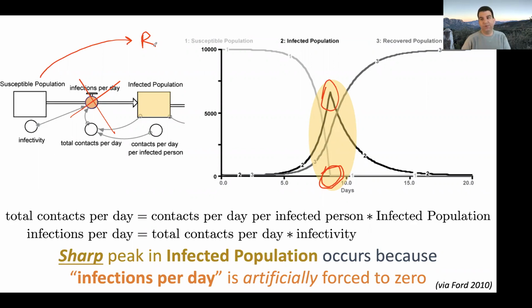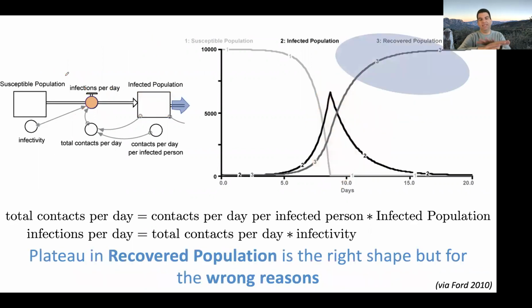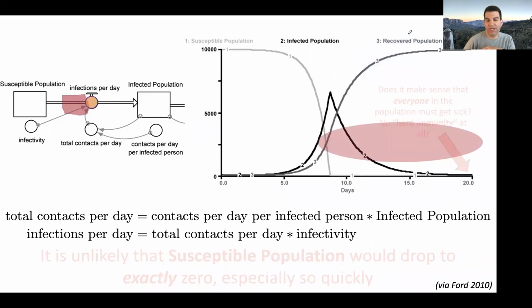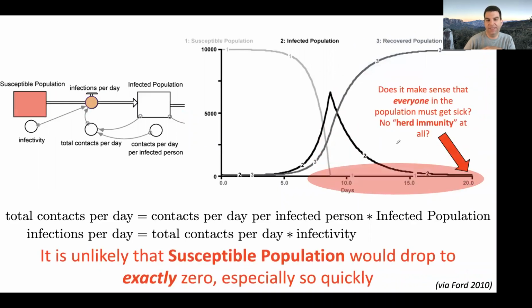All right, so that's what we need to fix here, this infections per day flow, so that we end up making this plateau in the recovered population occur for the right reasons, and we recover this idea of herd immunity that was just brought up in the questions.